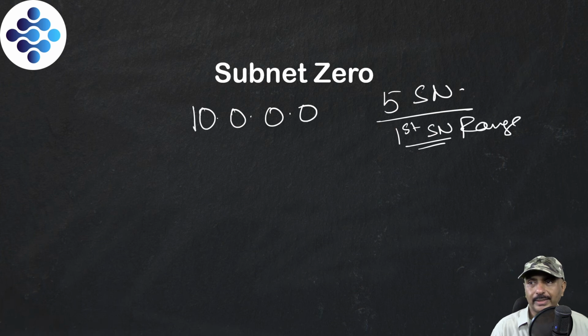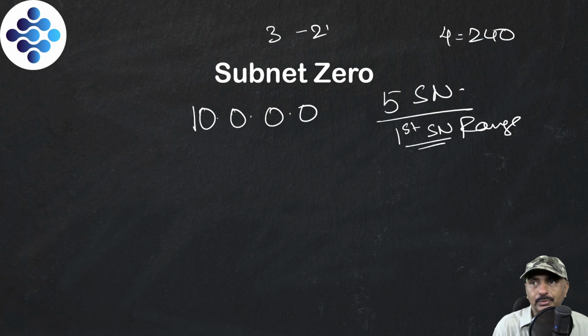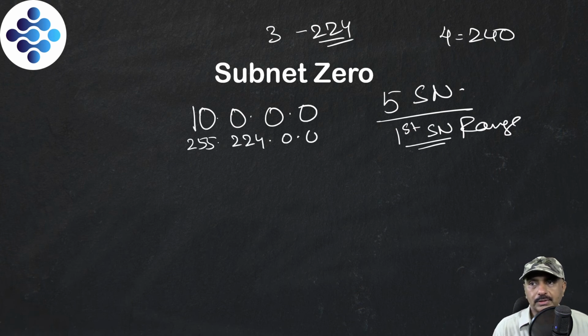Quickly you can calculate, 5 subnets means you'll be borrowing 3 bits. If you borrow 4 bits it is 240, so 3 bits it is 224, one less. So its subnet mask would be 255.224.0.0. In this case 1, 2, 3, cut, 1, 2, 3, 4, 5.